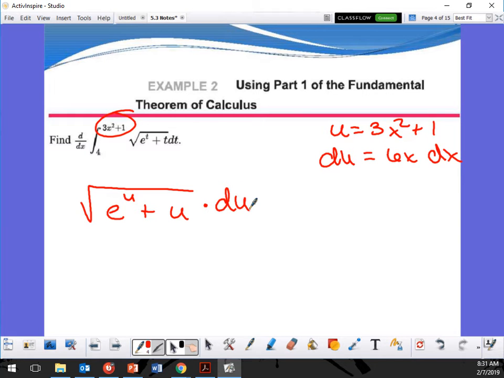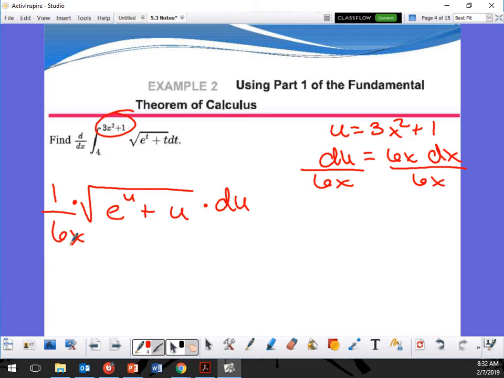But to get my du, I now have to put that over here, and it's going to turn into 1 over 6x. But then I don't like x's. Why? Because I'm changing everything to u's, right?